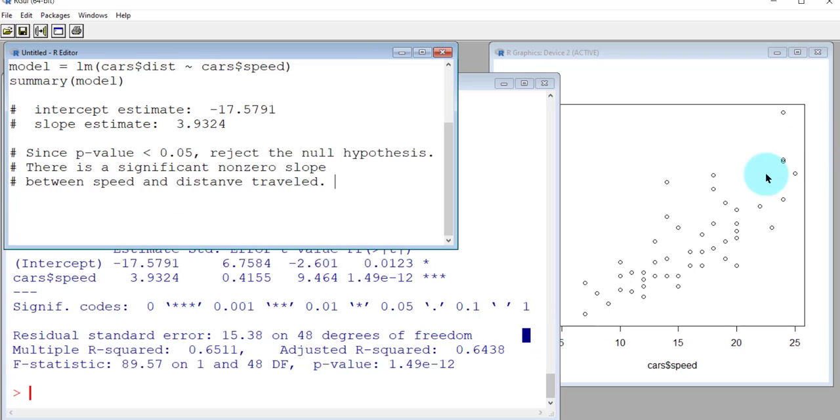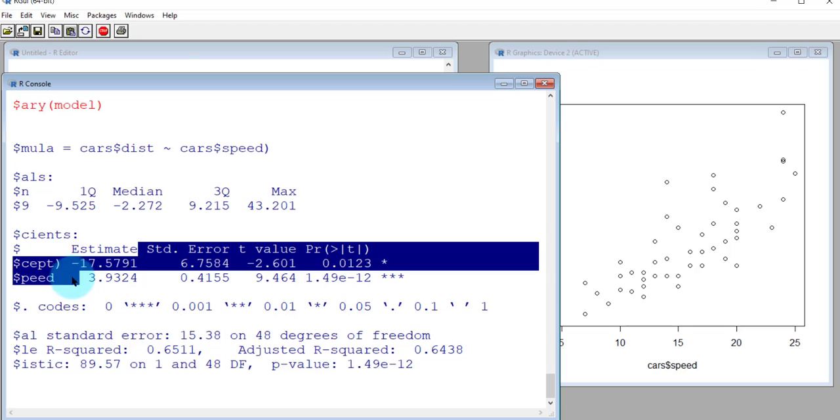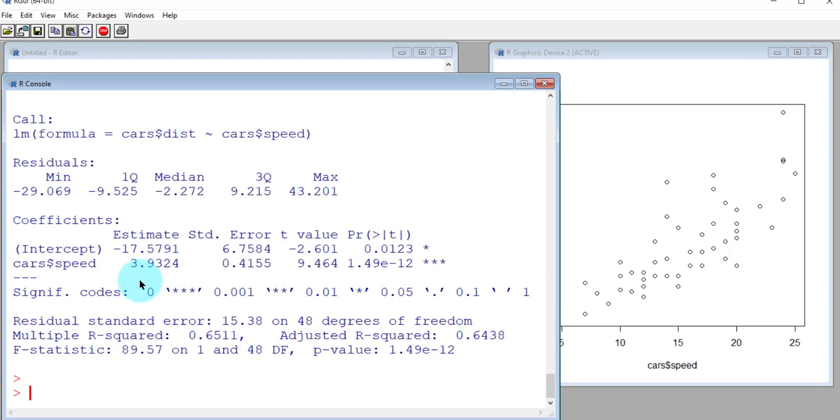It would be really cool to draw the line, the least squares line, on this graph. Well, because we created this model, we called it model, stored within the model are the estimates for the slope and the intercept.